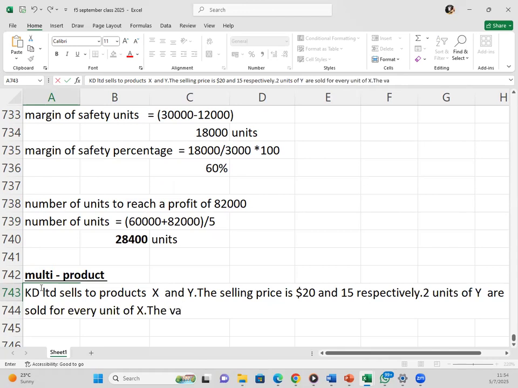The variable cost per unit for X is 10, and for Y it is 7.